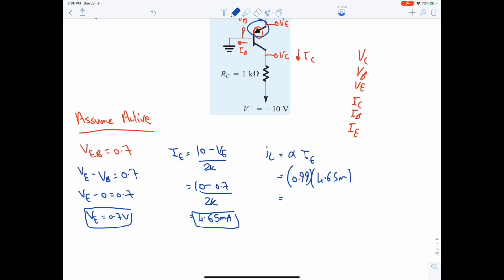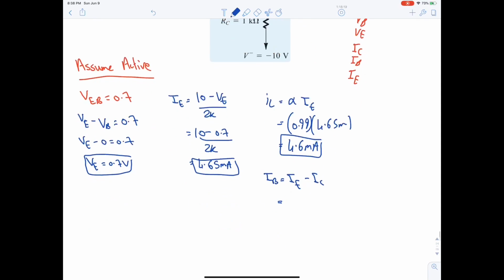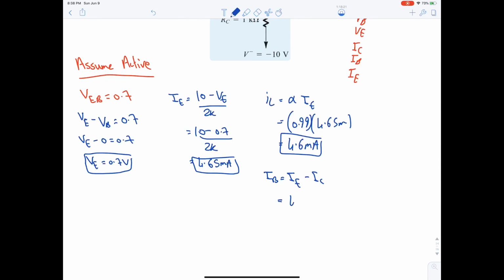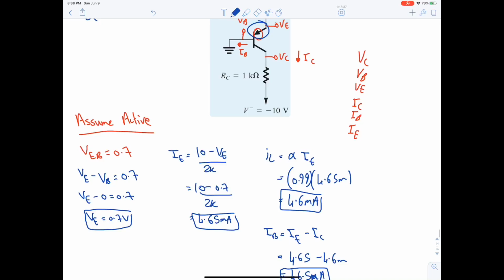This will give us 4.6 milliampere. Now we can find IB through the KCL. IE minus IC, it will be 4.65 minus 4.6, resulting in 46.5 microampere.